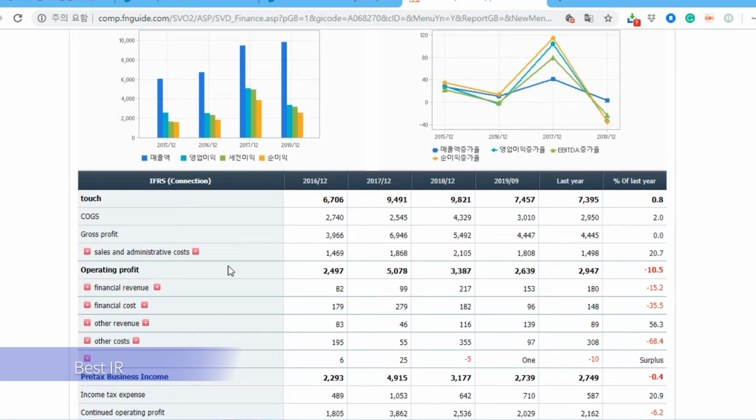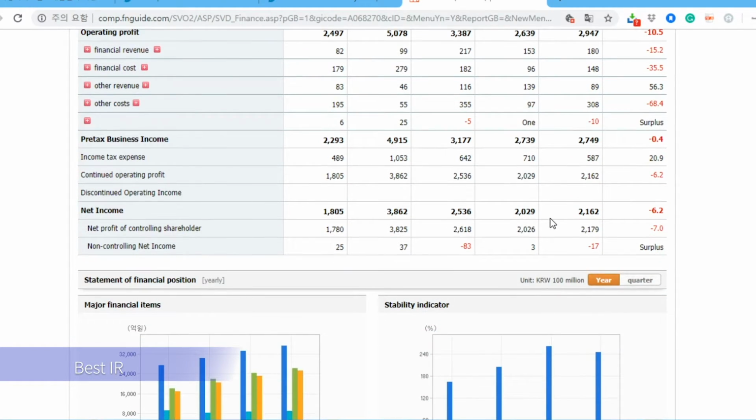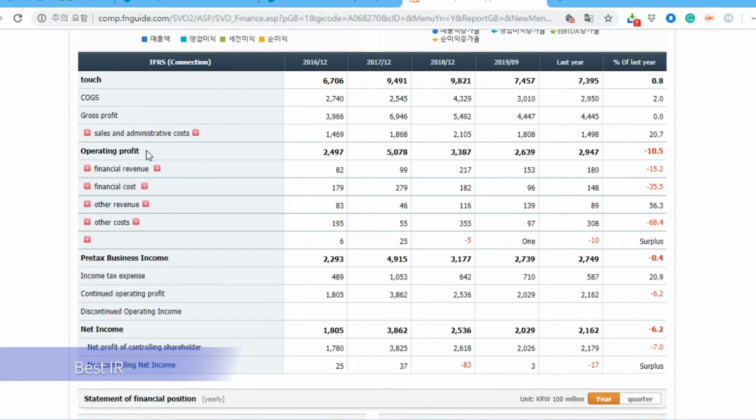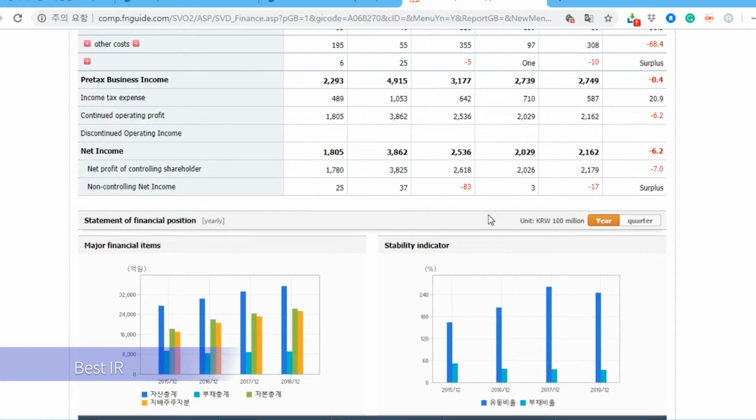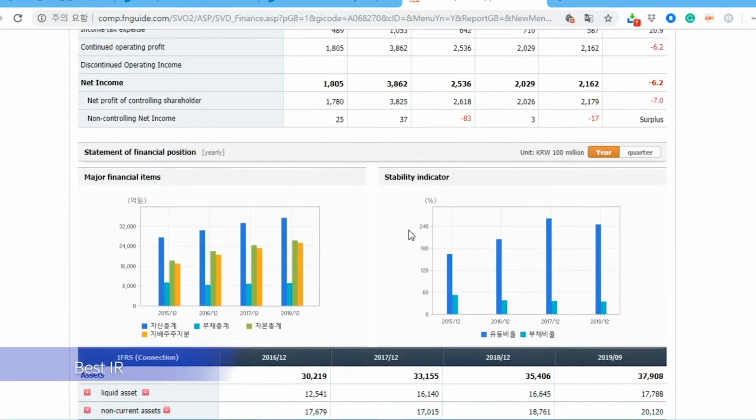So their sales are like this, and you can check out the operating profit, how they're doing since 2016. It went up tremendously in 2017, but then it kind of dropped down last year, and then we're going to have to look at the market consensus, what you're expecting of this year.